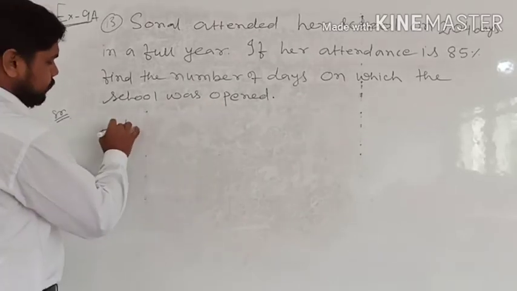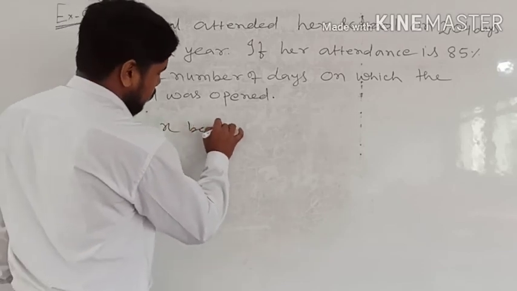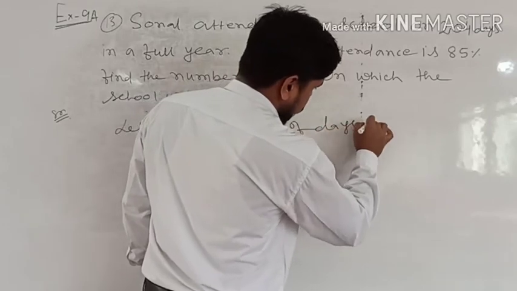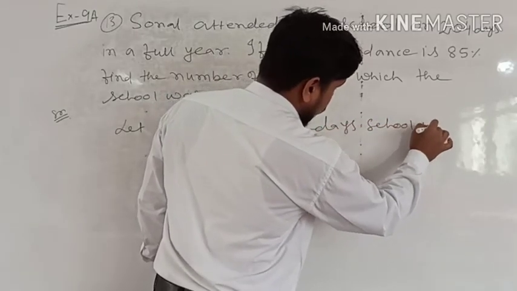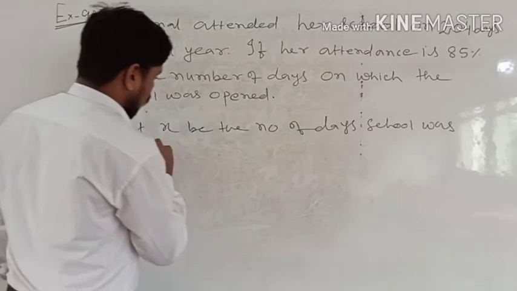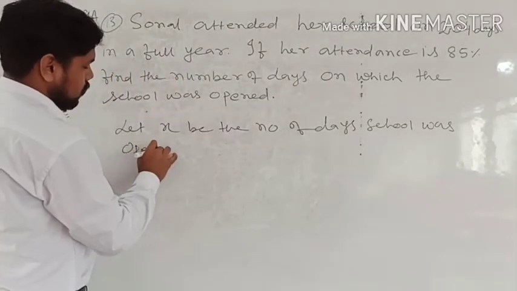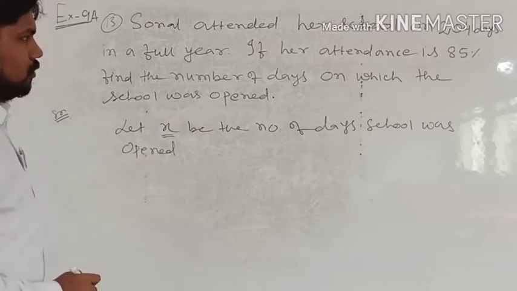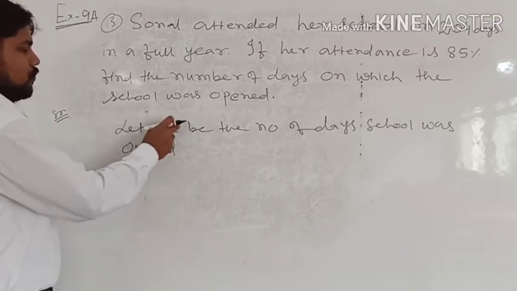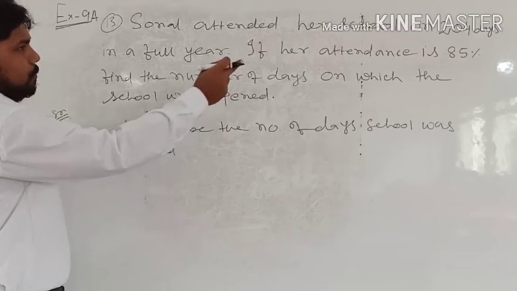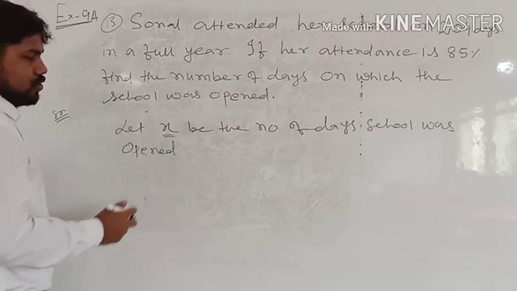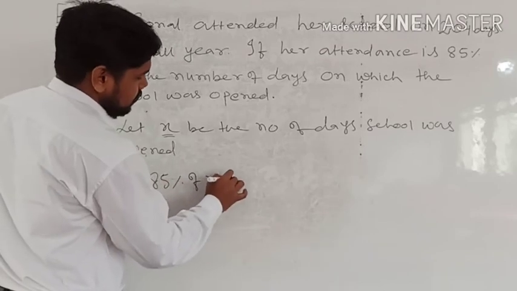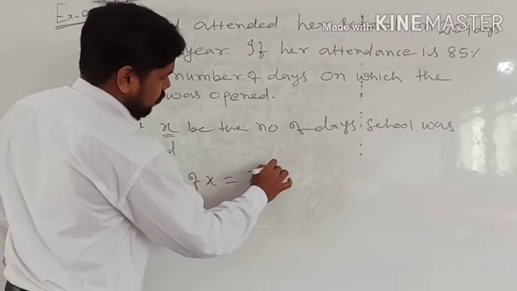So here we have to consider the total number of days the school was opened. So let x be the number of days the school was opened, and out of the total number of days, 85% Sonal has attended, which is 204. So 85% of x is 204.